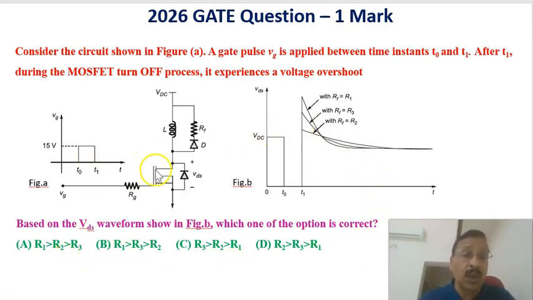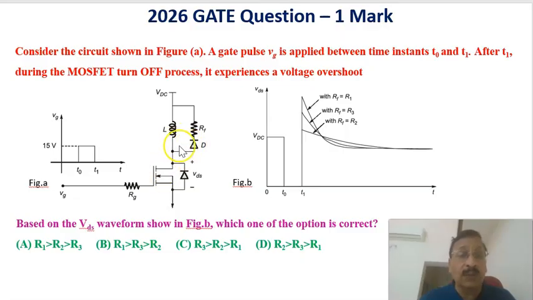When the MOSFET is turned off, the VDS changes suddenly after T1, like this, for different values of the feedback resistance. Out of these four statements, which is correct for the value of this resistance? Now we can see the path when the overshoot occurs.